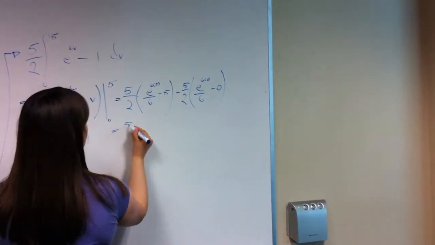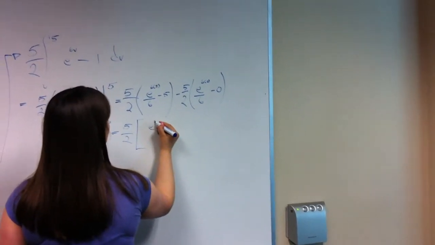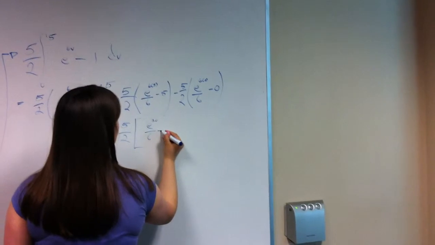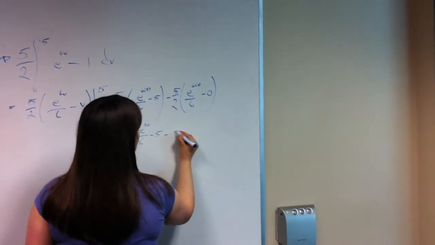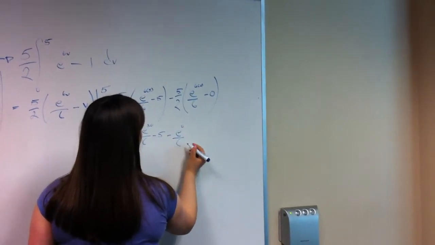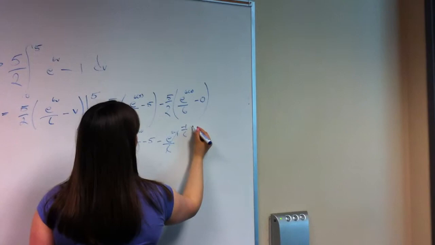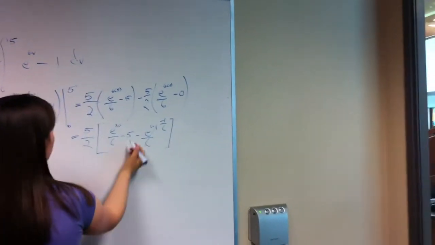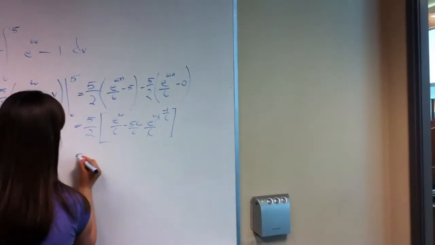We can factor out a 5/2, so then all that's left in here is e to the 30th over 6 minus 5, and this has been factored out, so we just have a negative e to the 0 over 6, which actually equals negative 1/6. And then if we multiply this by 6 on the top and the bottom, we can get a common denominator.